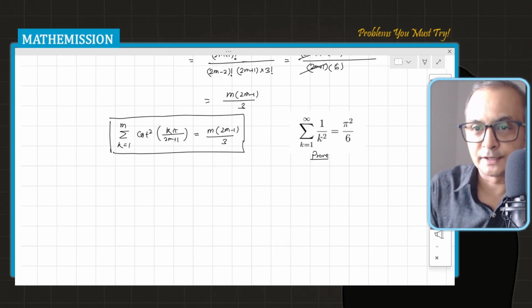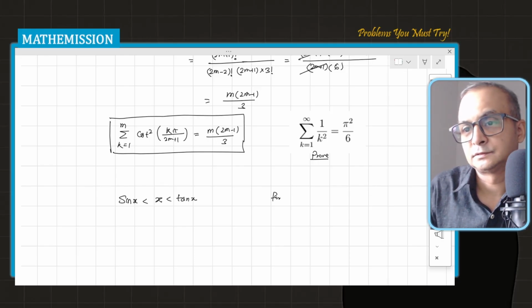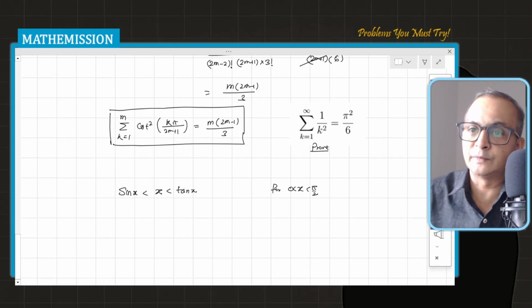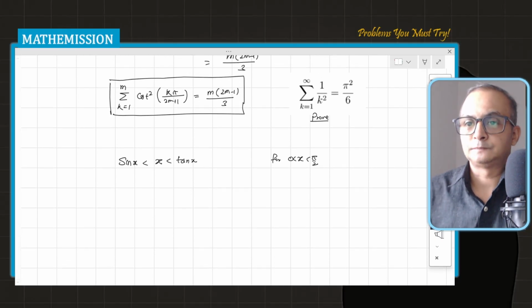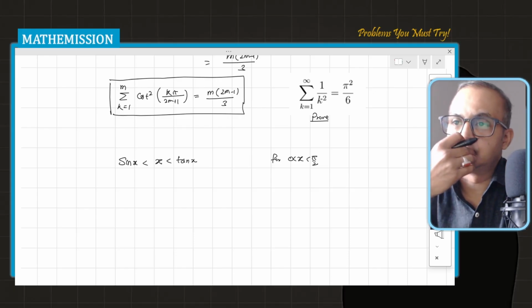So you know that sin x is less than x, less than tan x, where x belongs to 0 to pi by 2. I'm considering the same thing from the beginning. Now, what is going to happen here?